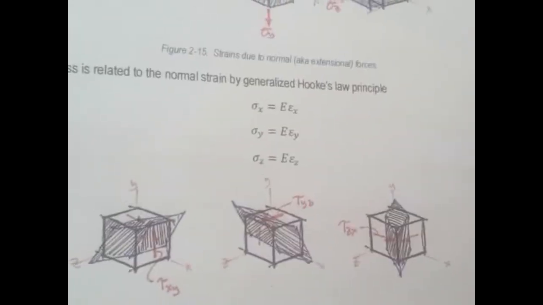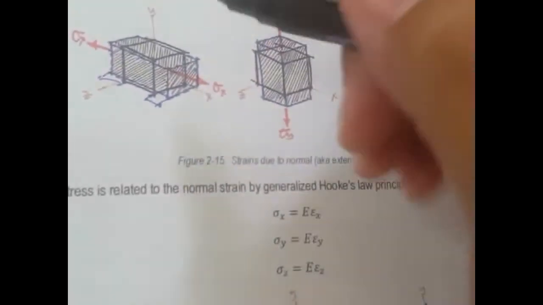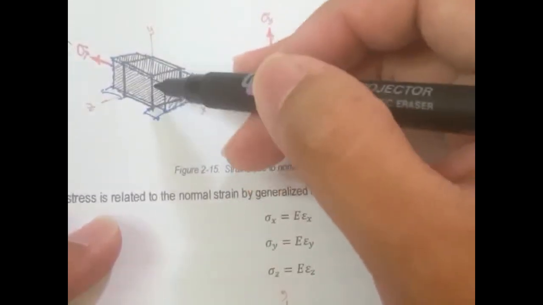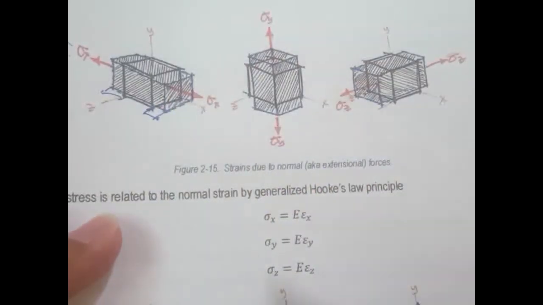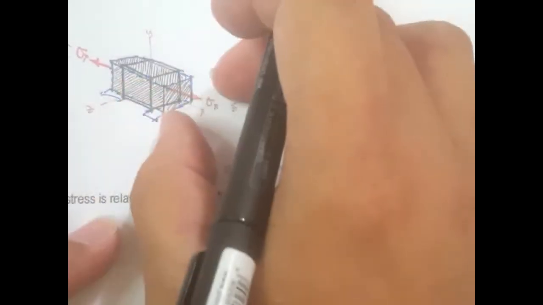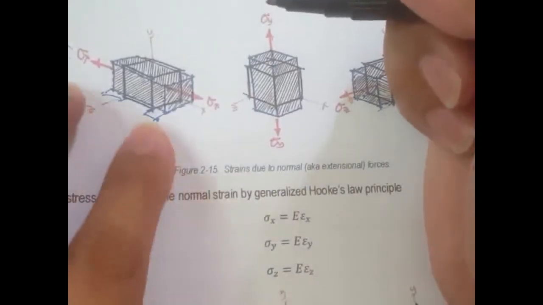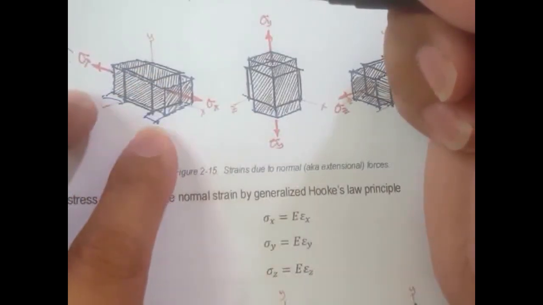Okay, so right here in our lecture material, we have figure 2-15. For example, this is my original body or original geometry. If I load this along the x direction, that means I have a uniaxial loading, then the deformation will elongate along the x direction. That's the normal strain or extensional strain.